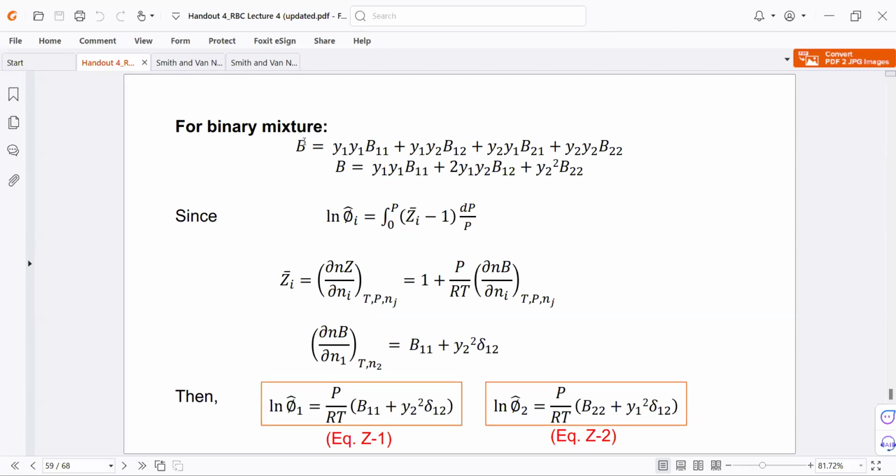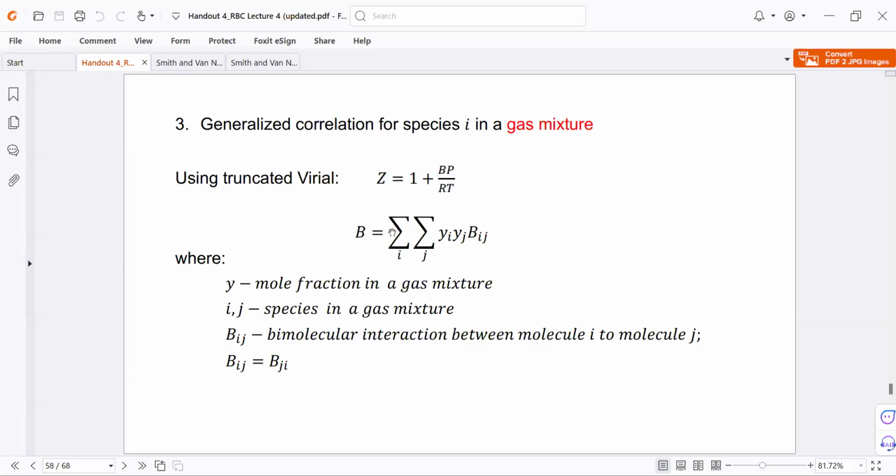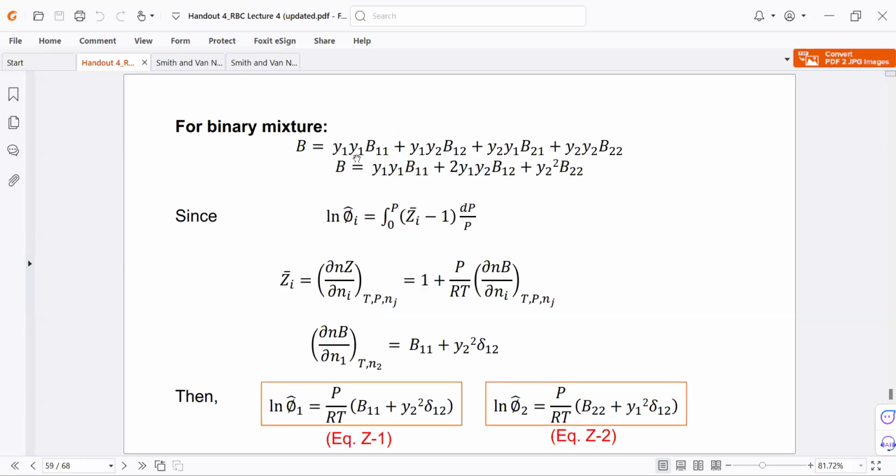So for the special case of a binary mixture, we can expand this summation into this one. Okay, so just expanding that. And then since B sub 1,2 is just equal to B sub 2,1, we simplified the expansion into this one. So just combine the two. All right.